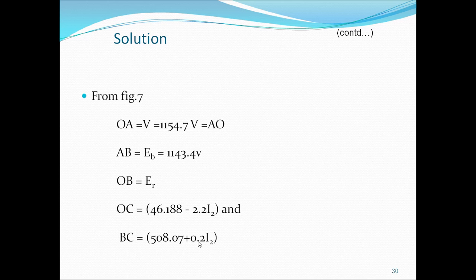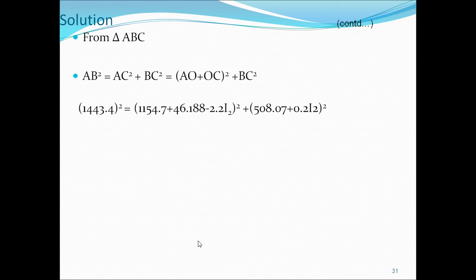So from these values, if we equate them, from this triangle, AB square is equal to AC square plus BC square, that is equal to (OB plus OC) whole square plus this equation. Substitute the values in this equation and we can get one quadratic equation. From this, if we solve for the I2 value, we get 106 amps.